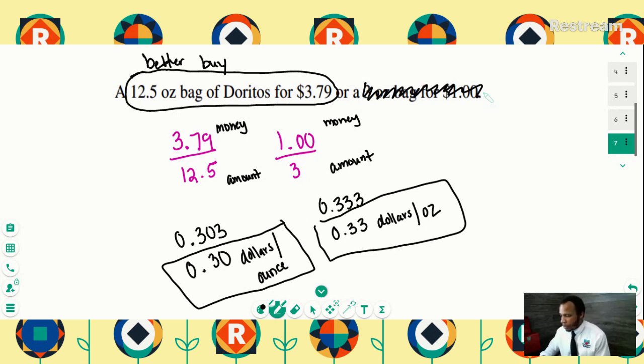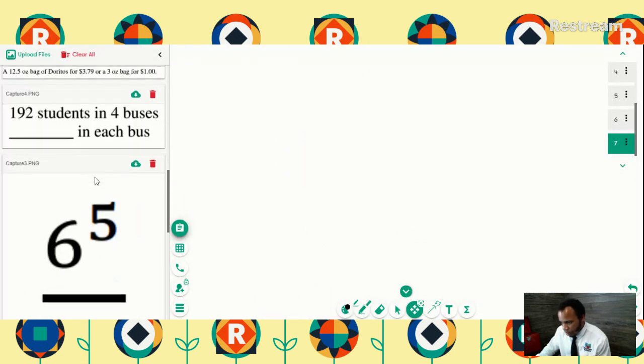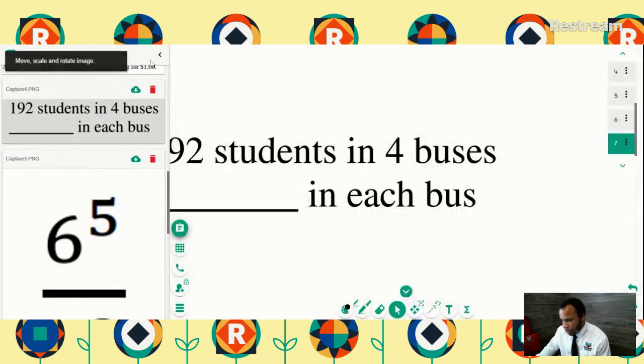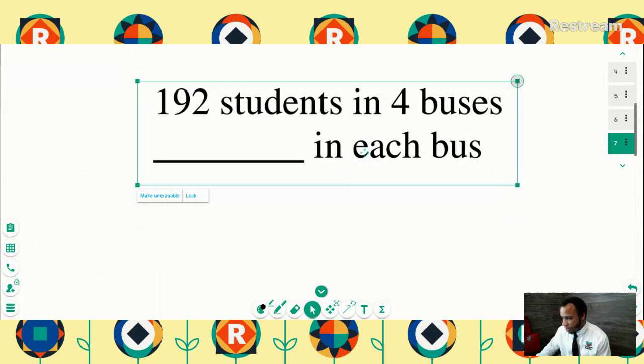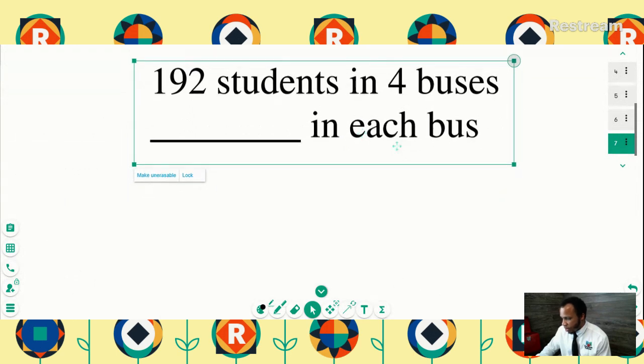All right. So let's go on to another one. This one, along the same lines, but this one's a little bit easier in my opinion.